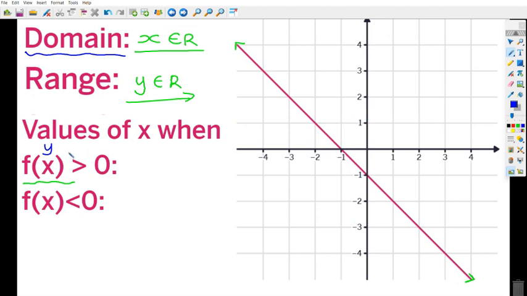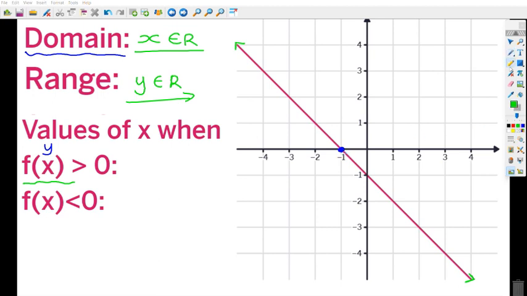So basically what they're asking here is where is my graph above my x-axis? In order to determine that, we always look for my x-intercept first. So let's go determine our x-intercept first. What is my x-intercept of this straight line? Where does that graph cut the x-axis? Over there, it cuts there.